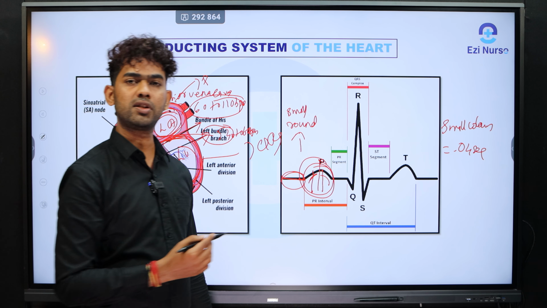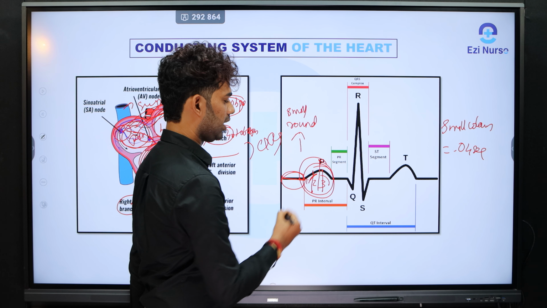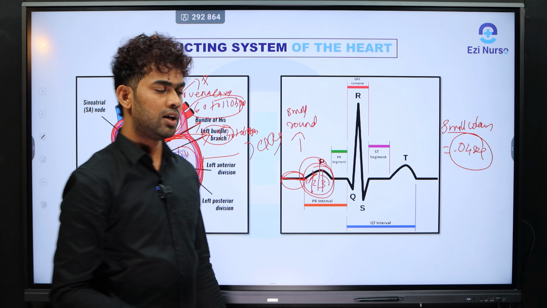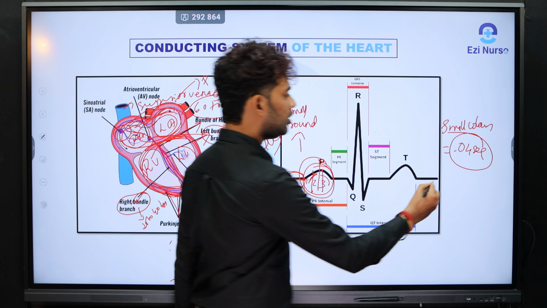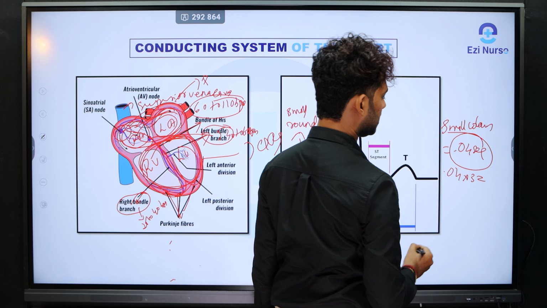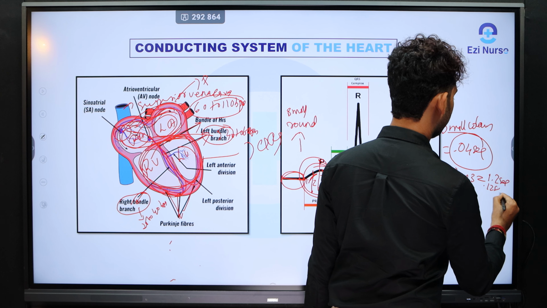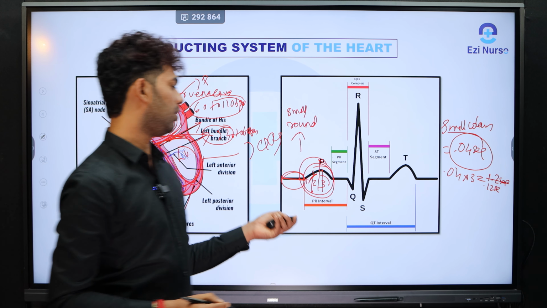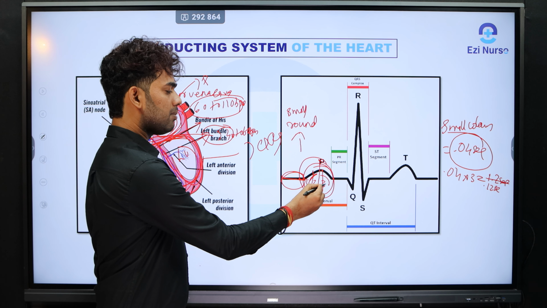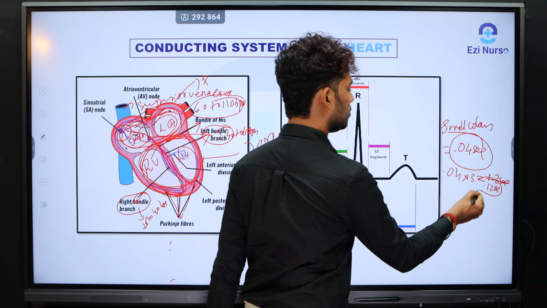If the P wave is normal, there will be 3 columns: 1, 2, 3. Each column is 0.04 second, so 0.04 times 3, what would be the result? That is 0.12 second. So the P wave is round shaped and has 3 small columns, which is 0.12 second.